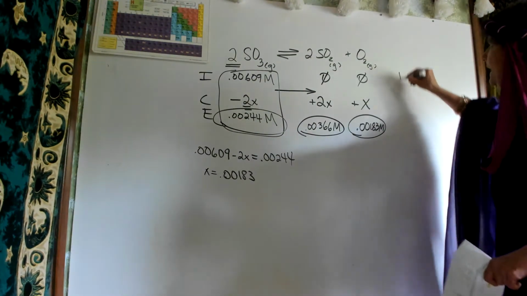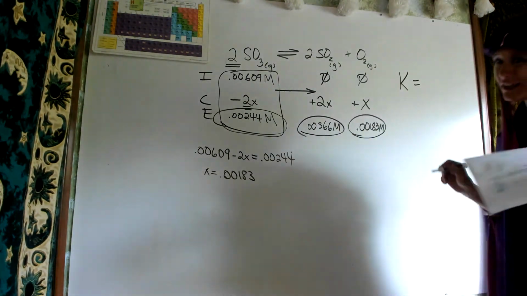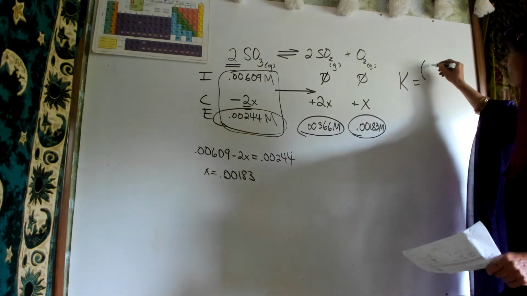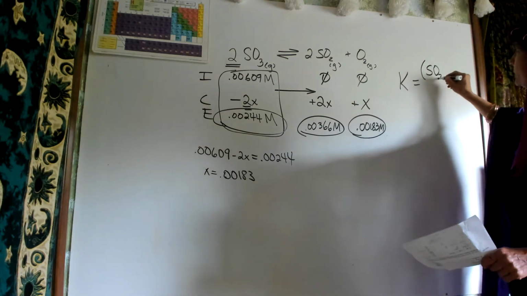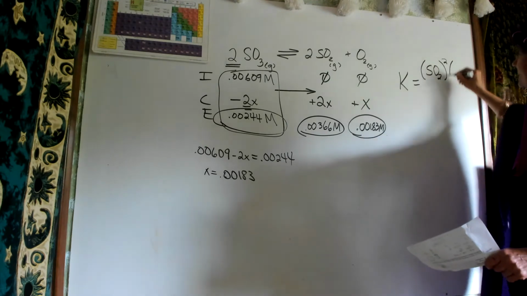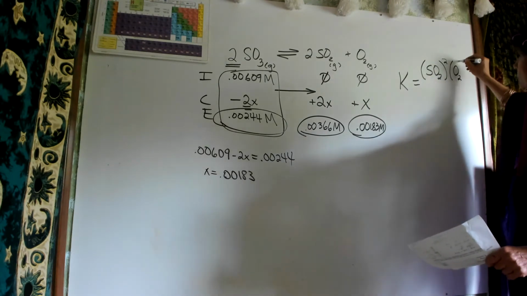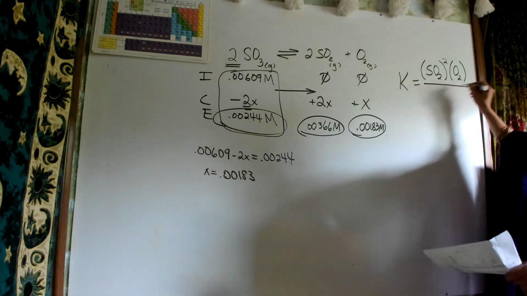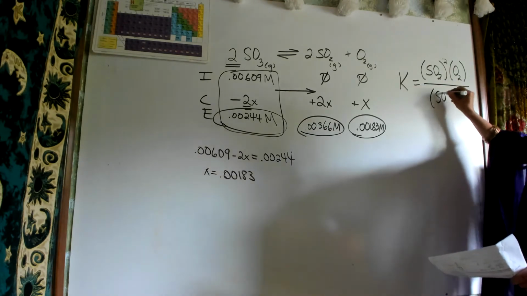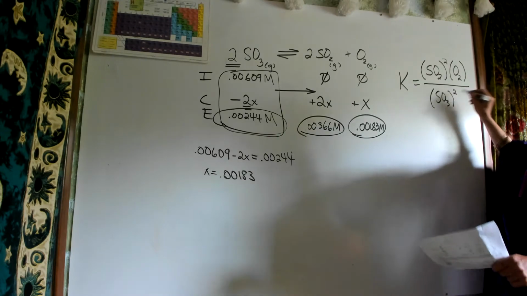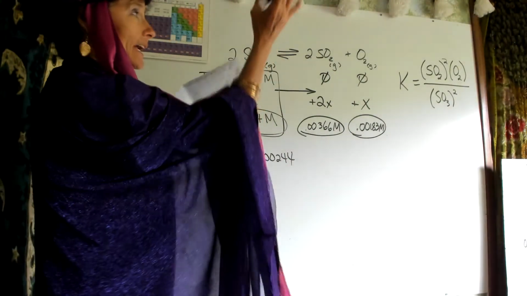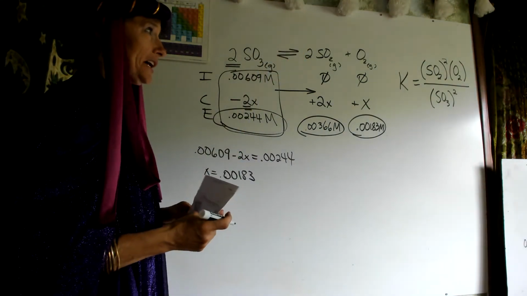To calculate K, the first thing we do, you must always write your K expression. You will lose points if you don't. Products on top, so SO2 squared times oxygen over the SO3. Again, how the equation is written in the problem given to you, products in this case are the SO2 and the oxygen.